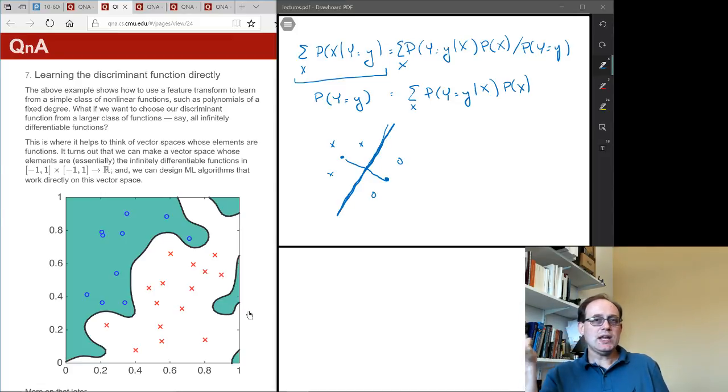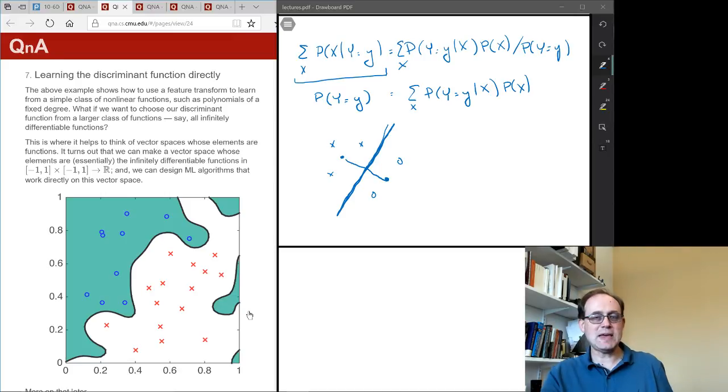But what if instead of learning a parameter vector, we say that our discriminant function itself, right? So before we had f of x equals w dot phi of x minus b. Let's just forget about w dot phi of x minus b and say that f of x is the thing that we're trying to learn.